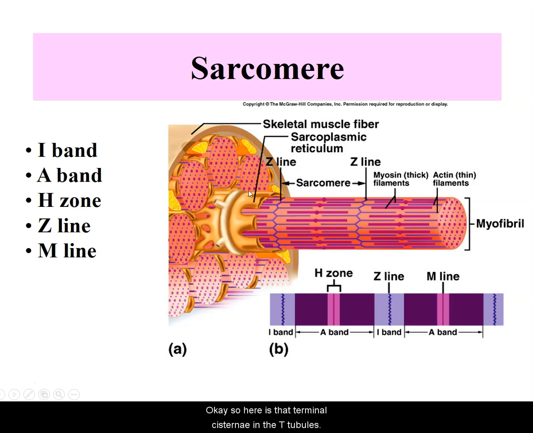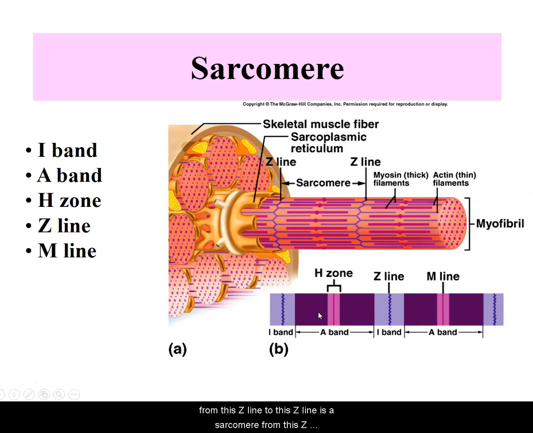Okay, so here is that terminal cisterna and the T-tubule there. Let's go over these parts. This area right here, the zigzag line, is called the Z line, and here's another Z line. From one Z line to the next Z line is called a sarcomere.